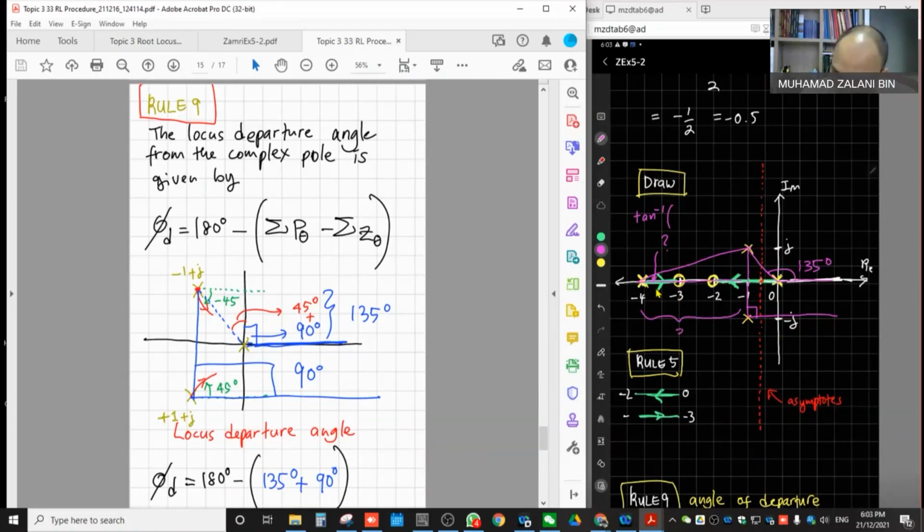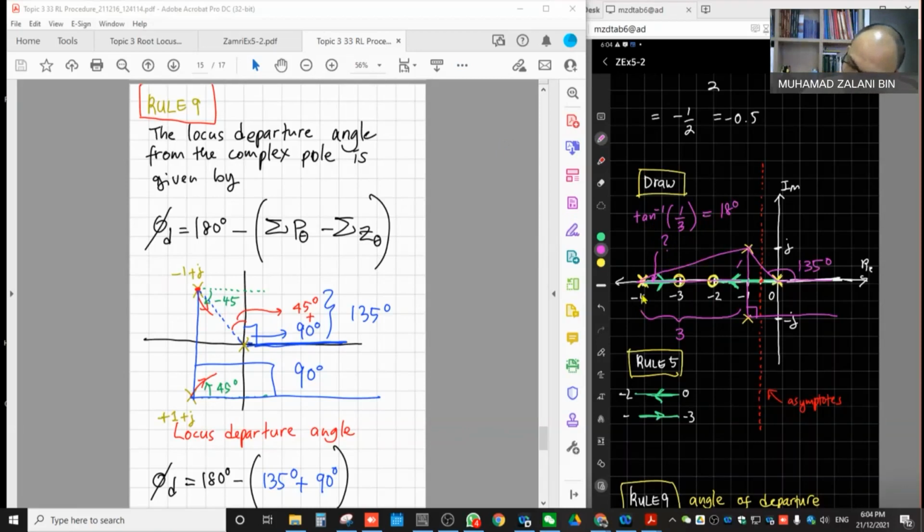So it's tangent inverse of 1/3. So we can find the angle. What is the angle of arc tangent 1/3? I've done it with my calculator. You can have a check with your calculator as well. So it's about 18 degree.